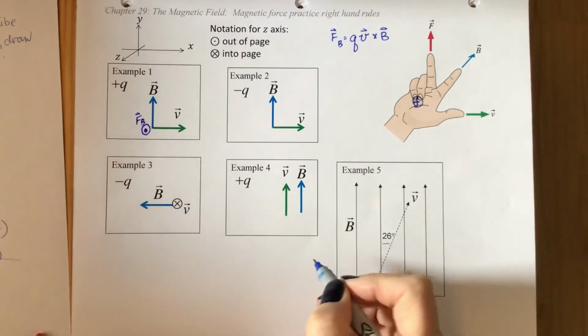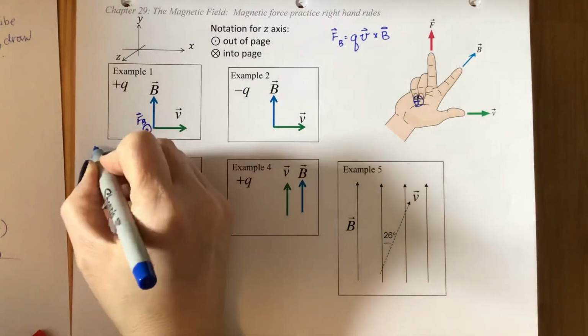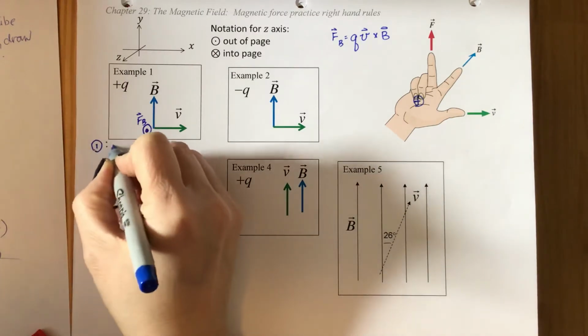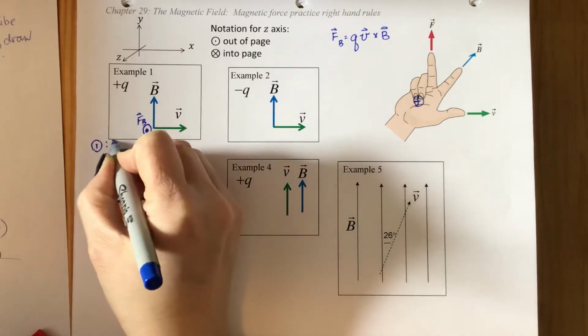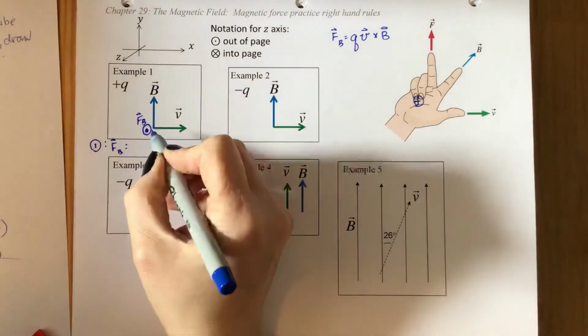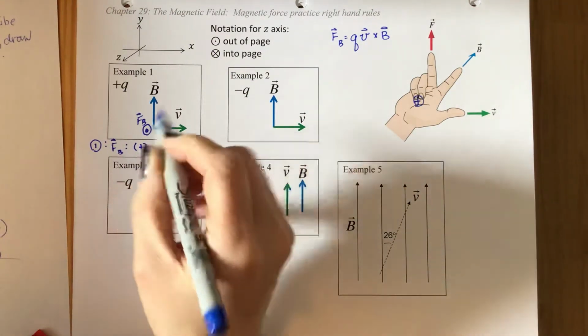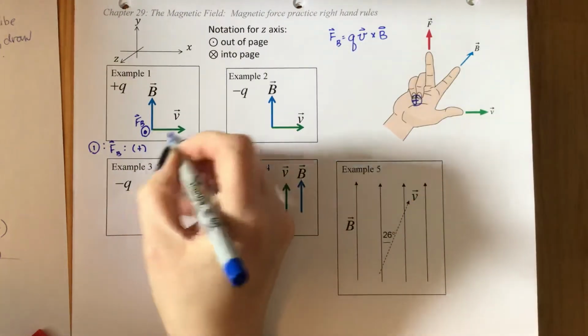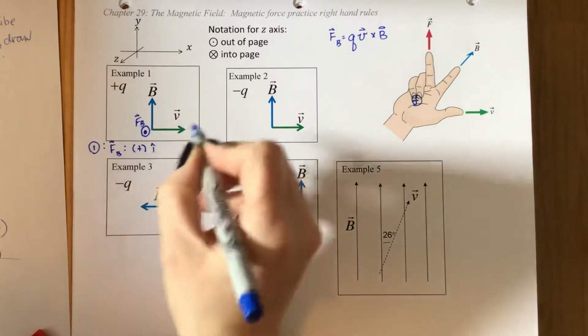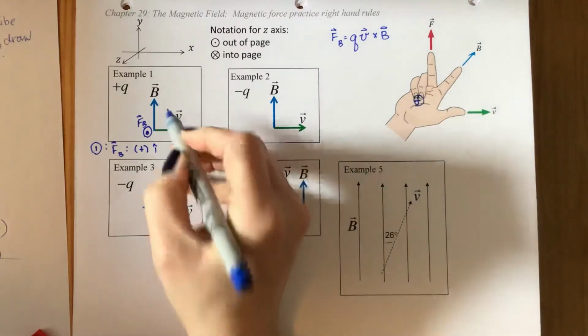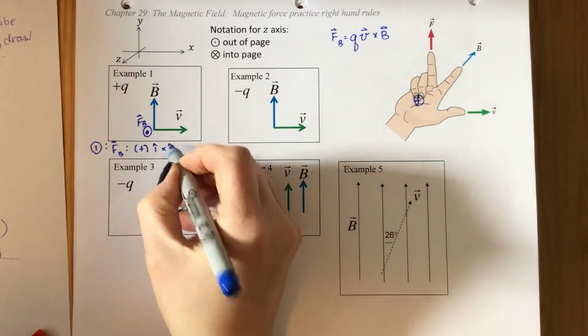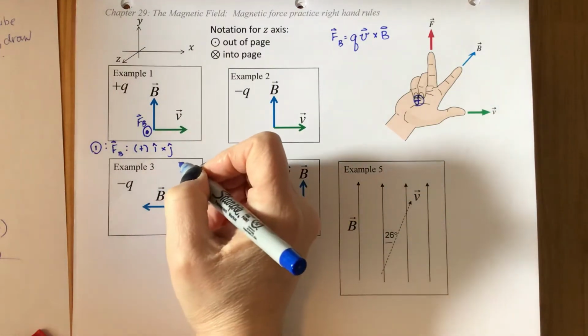Let's verify that with the cross product. For example 1, the direction of the magnetic force is going to be the charge Q, which is positive, so plus the direction of V, which is to the right, that's I hat, crossed with the direction of B, which is up, that's J hat. So I cross J, you might remember what that is, or you might like to use our little triangle tool.